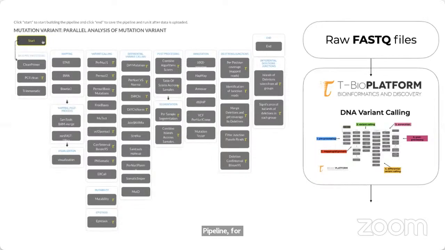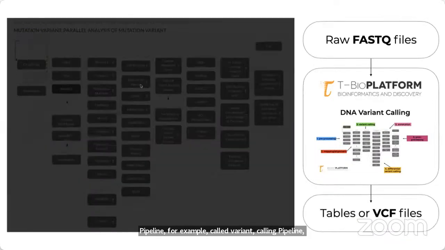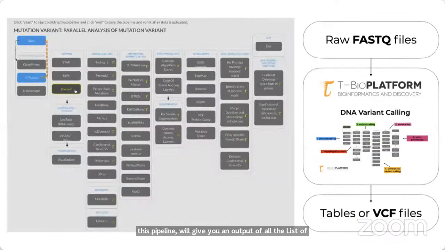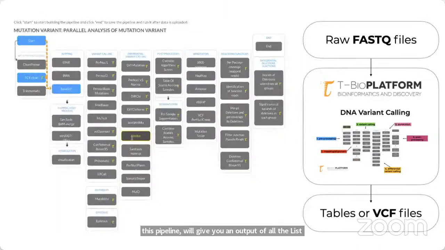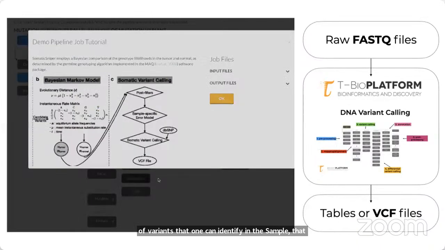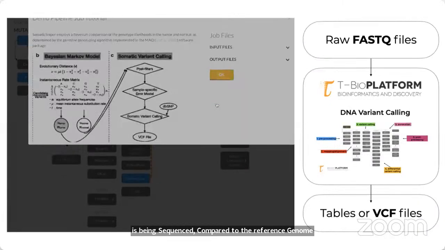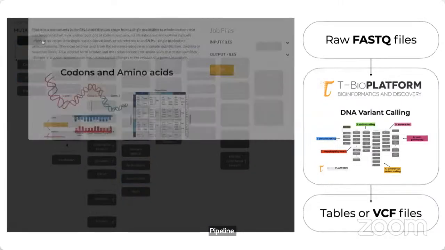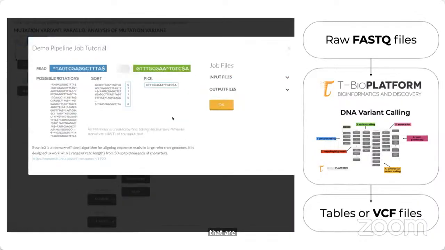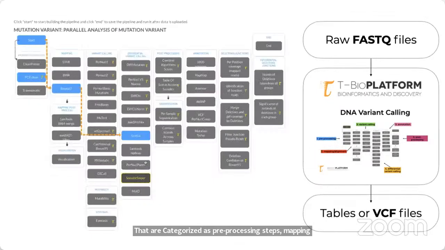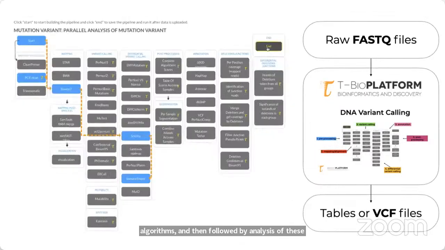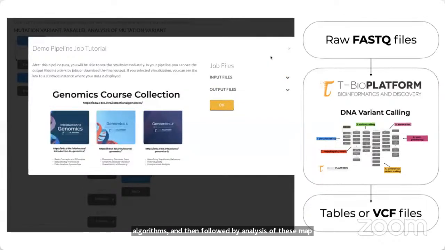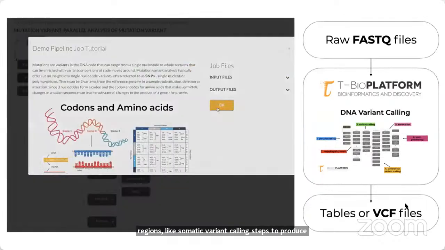This pipeline will give you an output of the list of variants that one can identify in the sample that is being sequenced compared to the reference genome that we just discussed a short while ago. The pipeline generally might include several steps categorized as pre-processing steps, mapping algorithms, and then analysis of these mapped regions, like somatic variant calling steps, to produce a table that we can perform downstream analysis with.